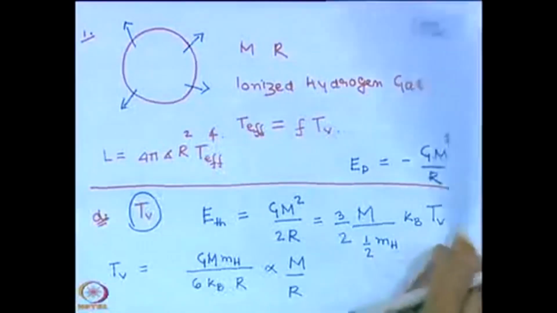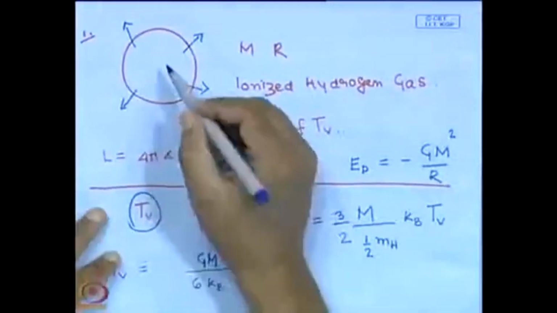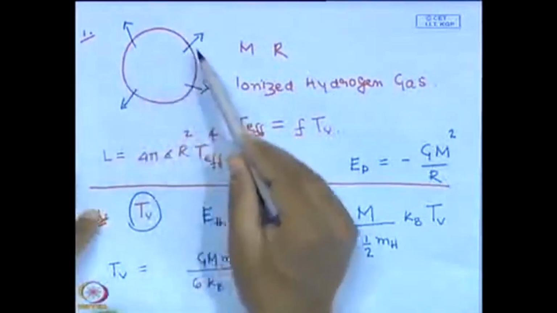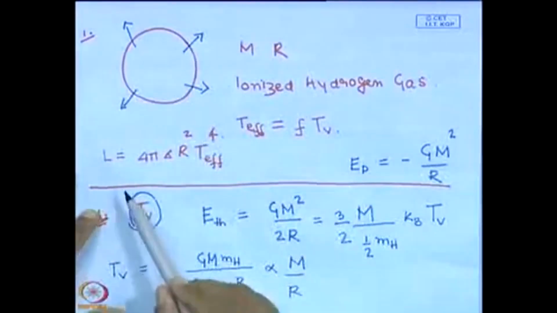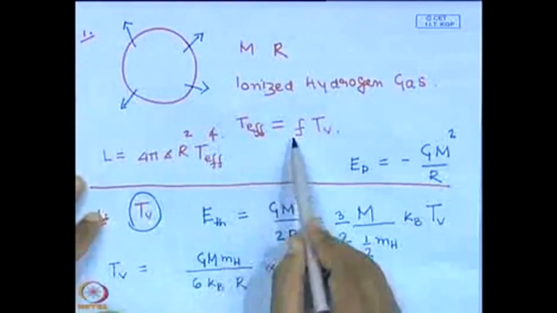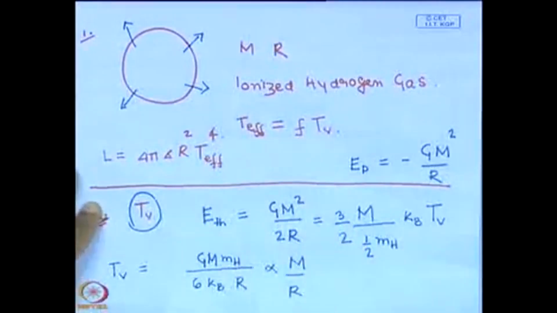The second part, we would like to calculate the luminosity of this object. And I have told you that we are assuming that this object emits from its surface as if it were a black body of this effective temperature, which is some unknown fraction f of its virial temperature.